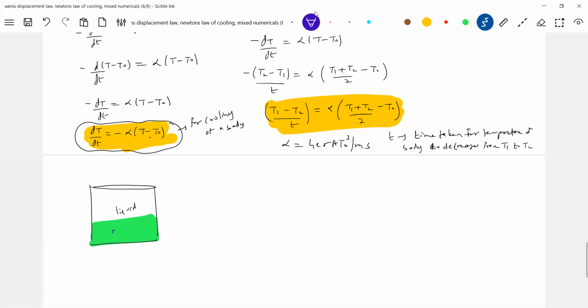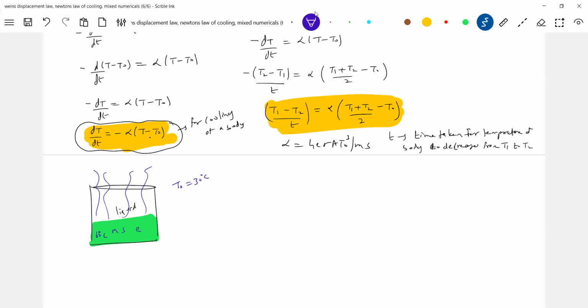This liquid will have mass, specific heat, emissivity, and it will cool down. The temperature of the surrounding, let it be 30 degrees Celsius. The temperature of this, let it be 60 degrees Celsius.